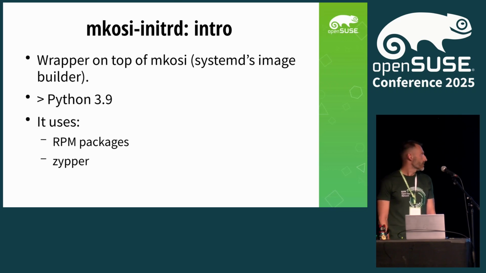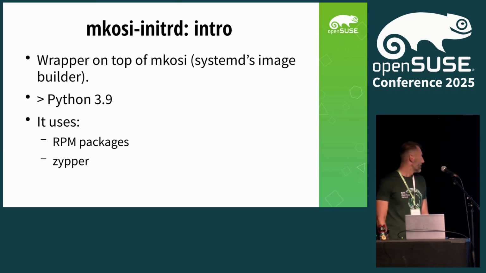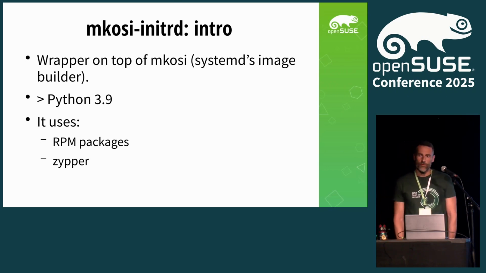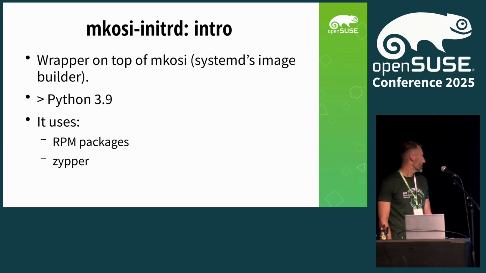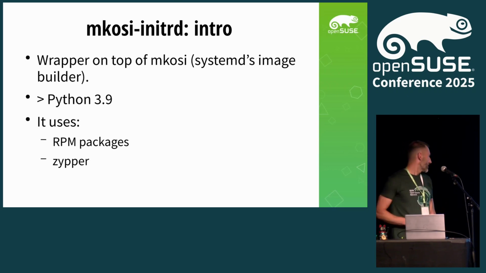So it is the image builder that best integrates with systemd. It is written in Python, and to build the initrd images, it uses distribution packages and package managers. In our case, RPM and zypper, but in other distributions, whatever they use.